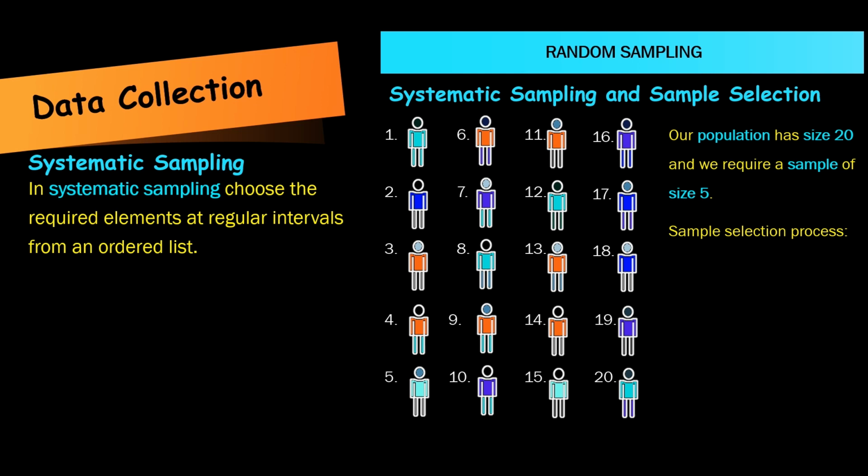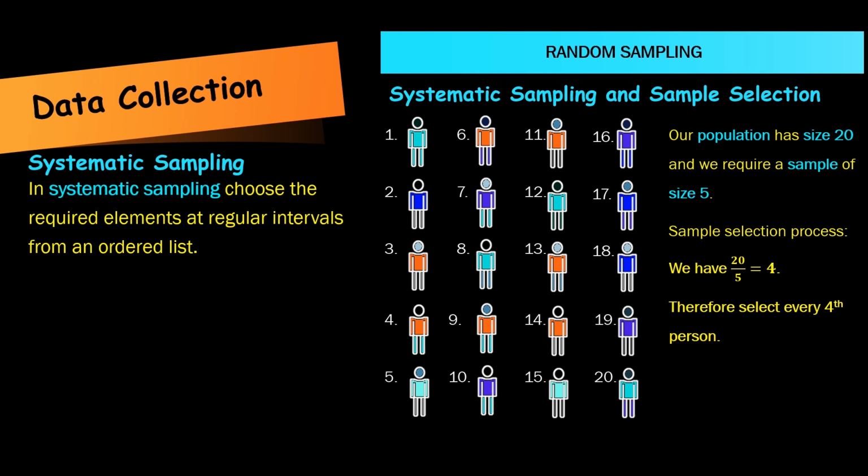So the sample selection process is as follows. First, calculate 20 divided by 5. This is the size of the population divided by the sample size we require. So 20 divided by 5. And this is of course equal to 4.